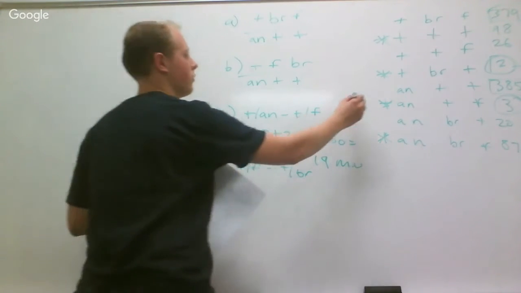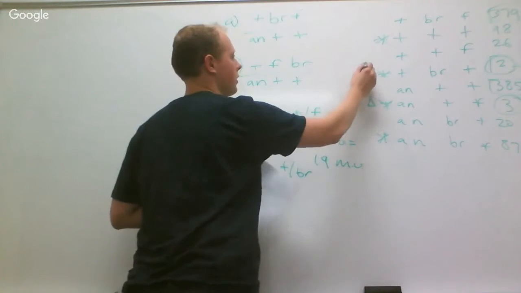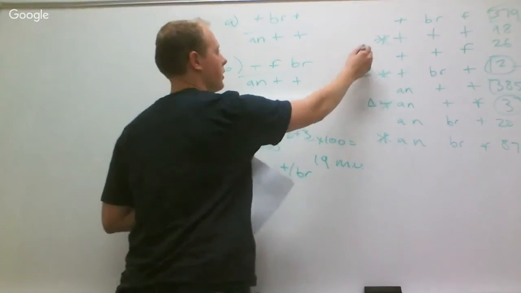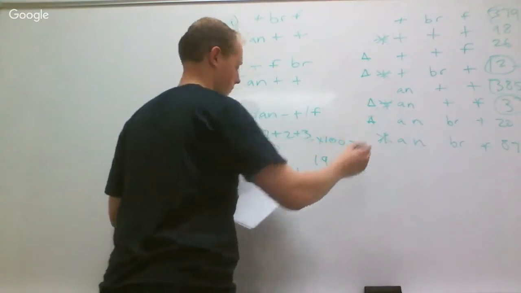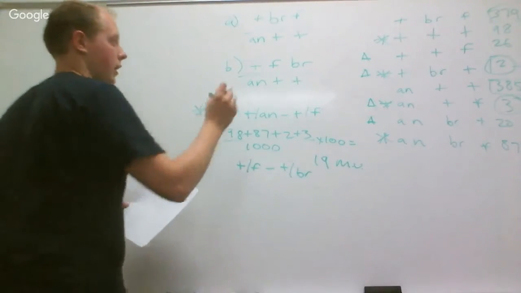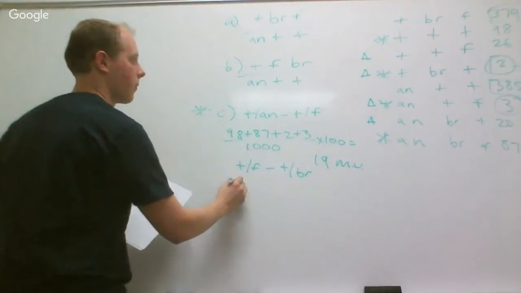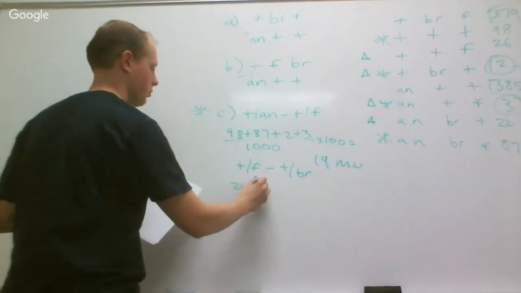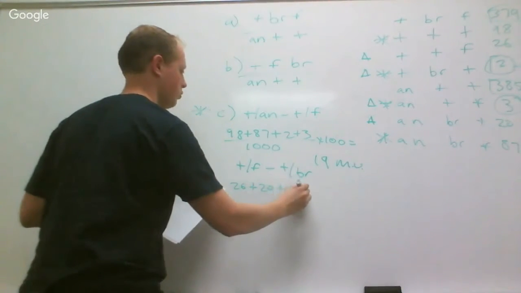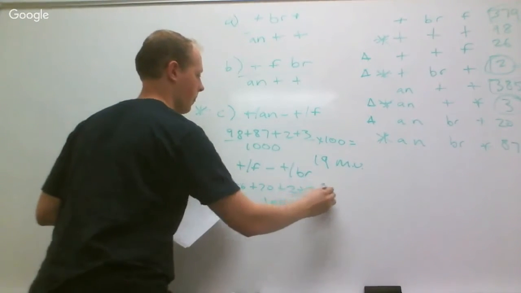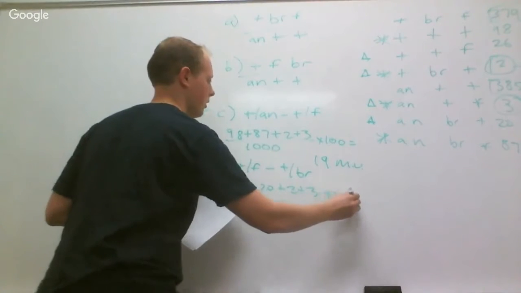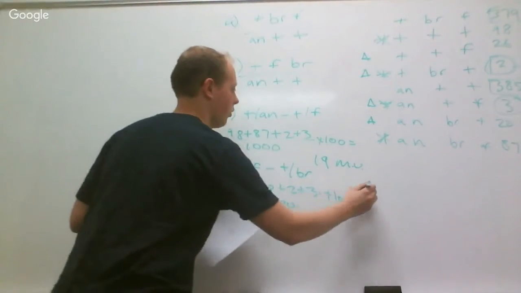So the double crossovers, once again, we'll mark, and then the leftover genes that we haven't used yet, we'll mark those. And by adding all of those together, we have 26 plus 20 plus 2 plus 3 over 1,000 times 100, and that'll equal 5.1 MUs.